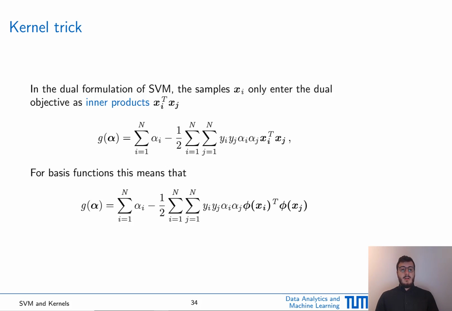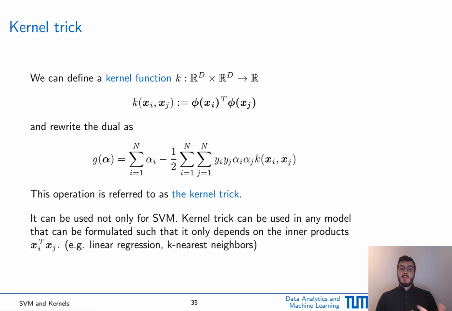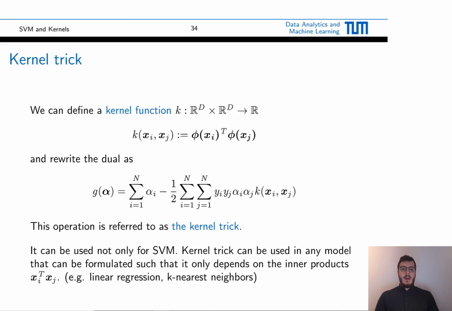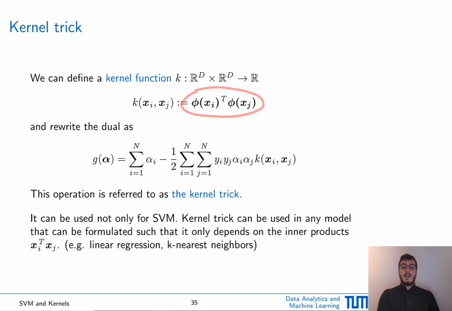But this is not yet the kernel trick. This comes next. Basically, instead of writing out this feature product, the product between phi of xi transposed and phi of xj, let's say that this is a new function. We call this function k.